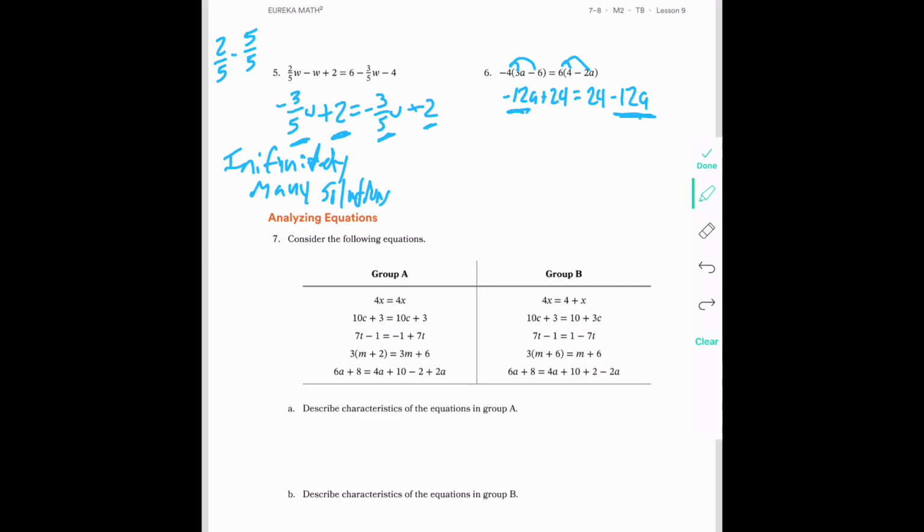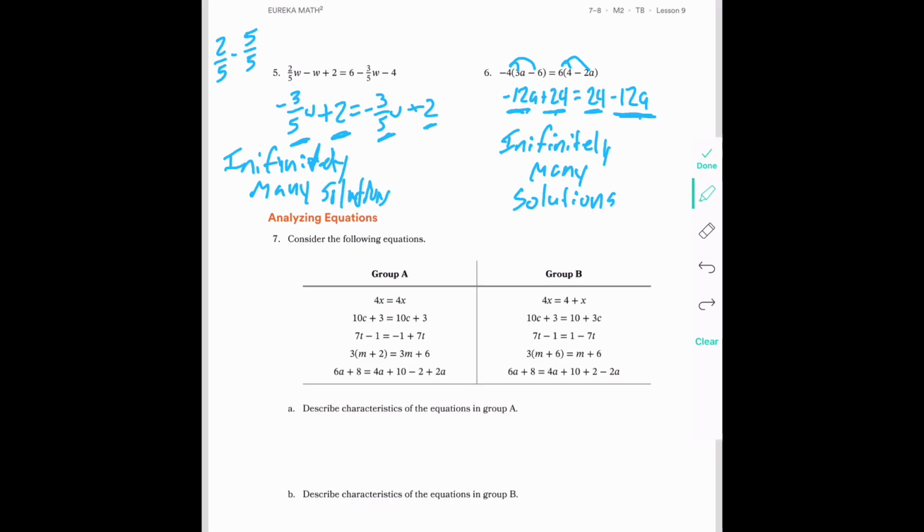And if I look here, I have a positive 24 on both sides. So once again, what does that mean? That means that these two problems have infinitely many solutions. No more work to do, okay?